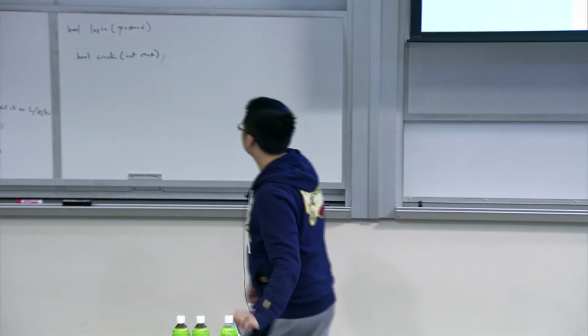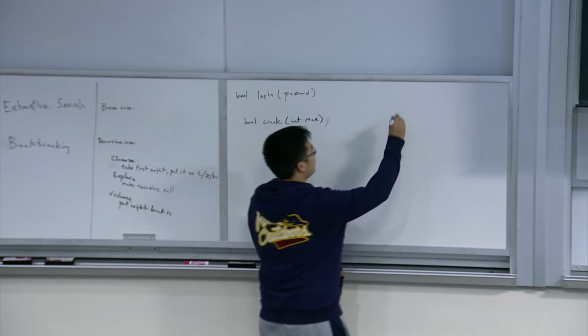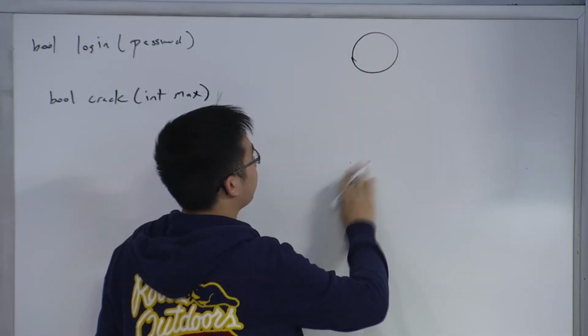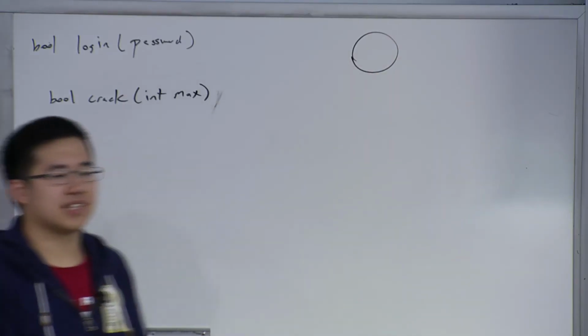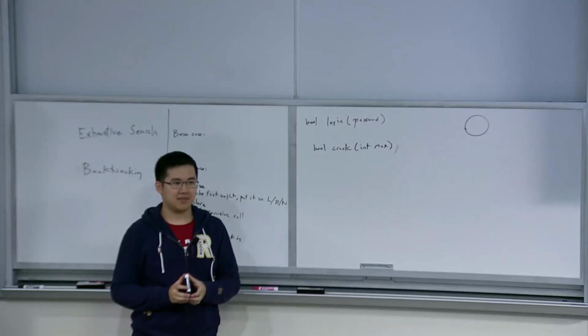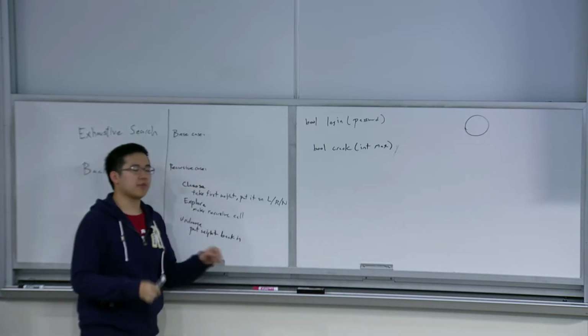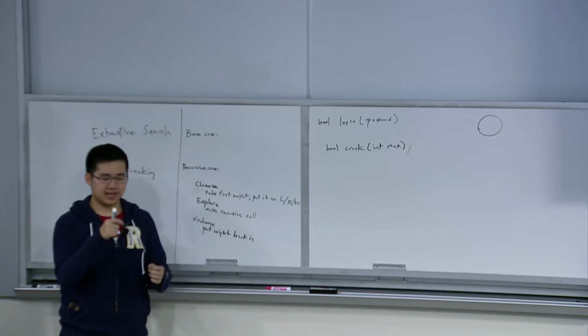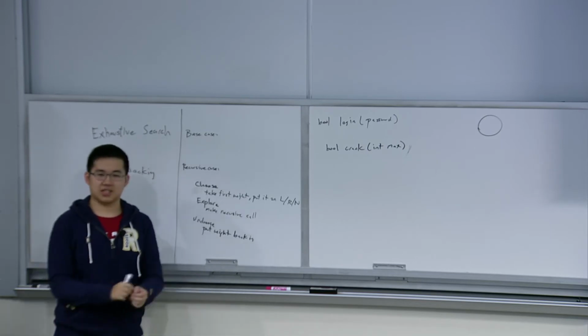Now let's draw a decision tree. How can you think of this question as making choices at each step? How is this problem similar to the other problem? In the other problem we took choices and put them into our current solution.